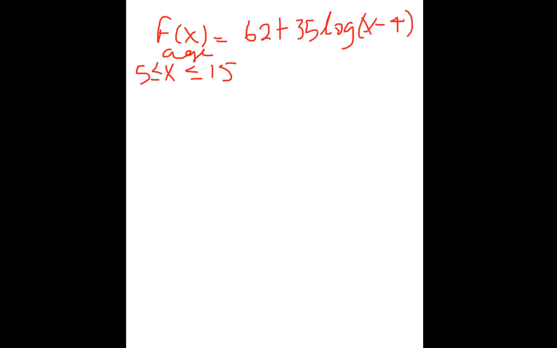So the first question says, approximately what percentage of her adult height has a girl attained at age 13? So if a girl is age 13, what percent of her adult height has she attained by age 13? Now, for this one right here, you would take that 13, plug it into the function, guys.